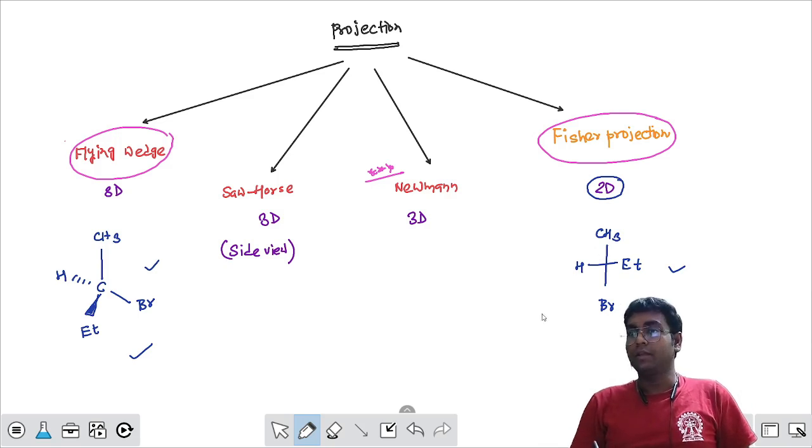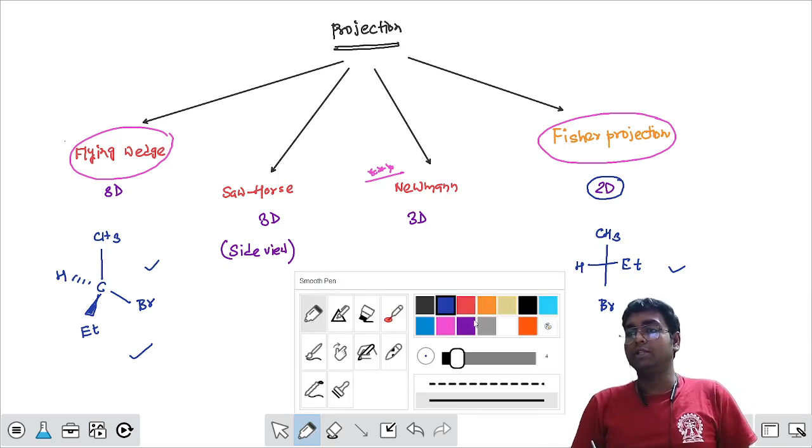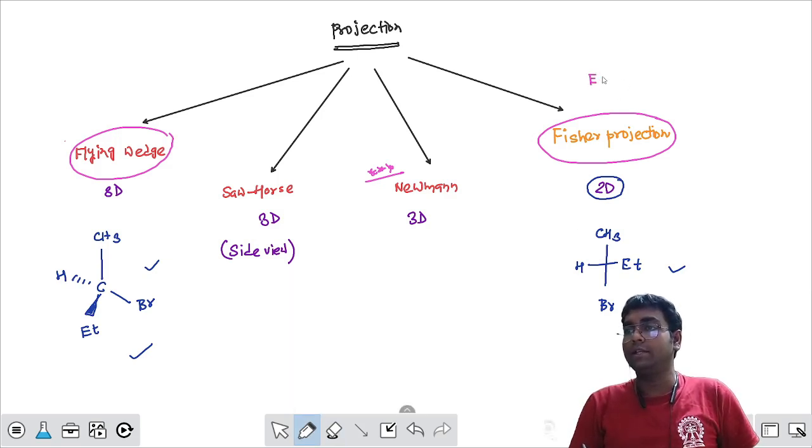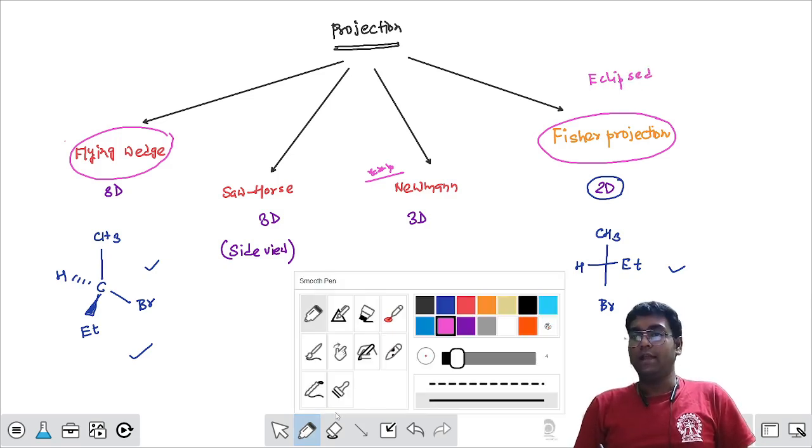Okay, main thing we have to know about the Fischer projection, I will tell why it is important. So Fischer projection is basically eclipsed in nature. Okay, so this is eclipsed projection. And what is eclipsed? So we will talk later on.